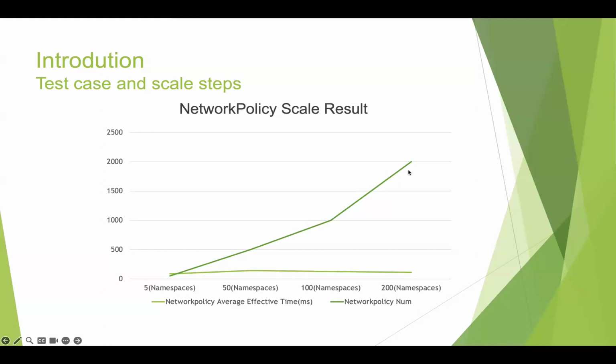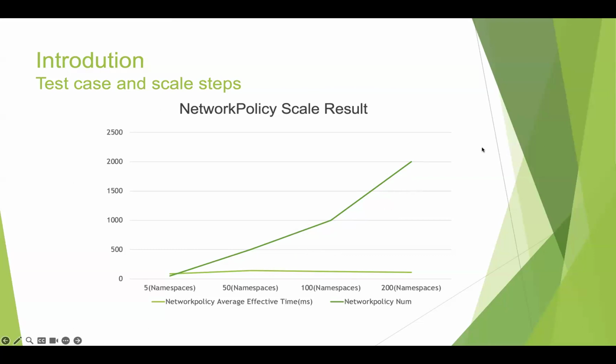And if the line of the network policy number itself is not straight, the metric line could be confusing. I understand you mean we can set the net policy number at this point.